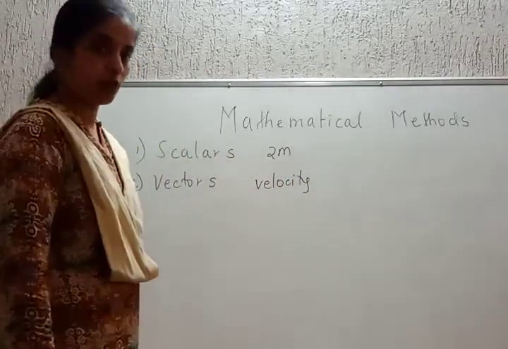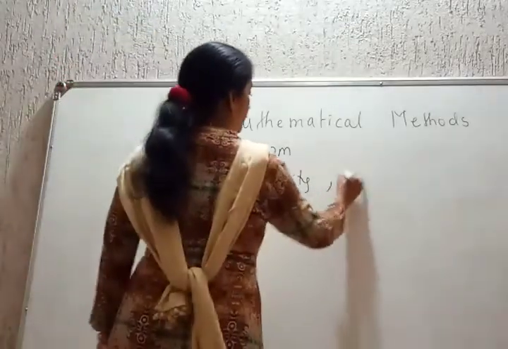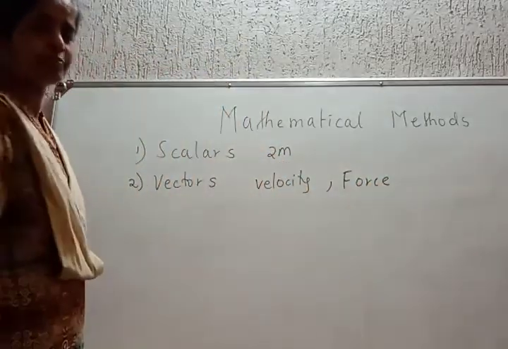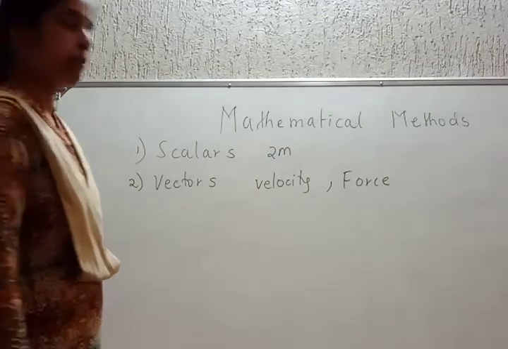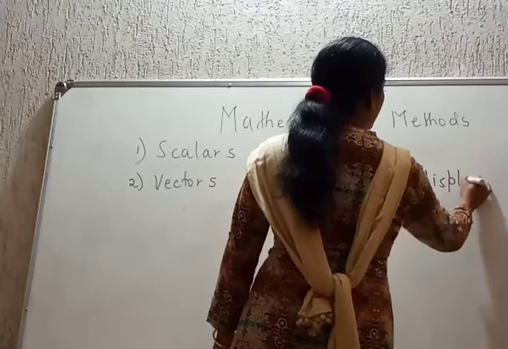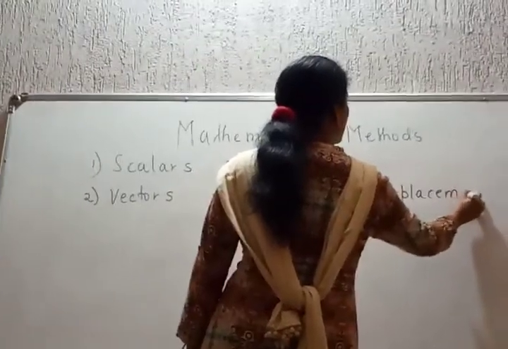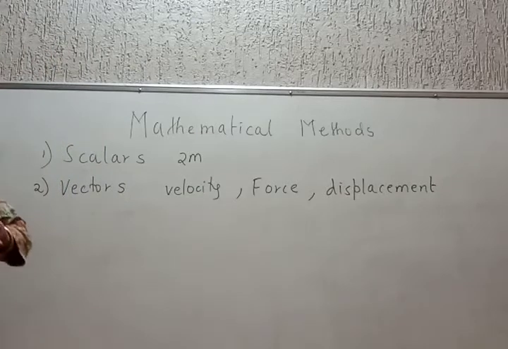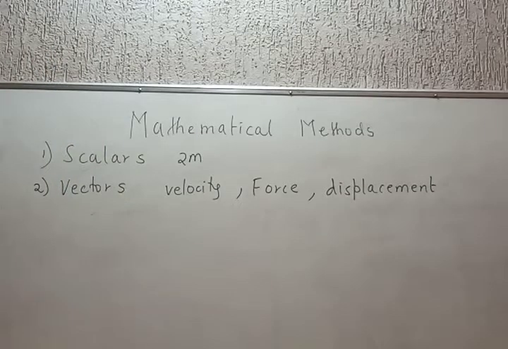I am speaking about velocity. Force. Direction has a major role to play here. In which direction the force is applied. Displacement. Minimum distance we call displacement. All these are vector quantities where magnitude is not enough, but also direction is necessary. They are called vector quantities.